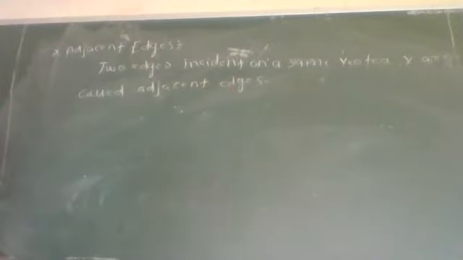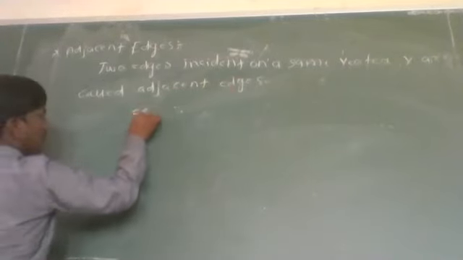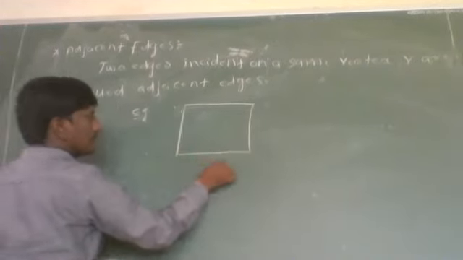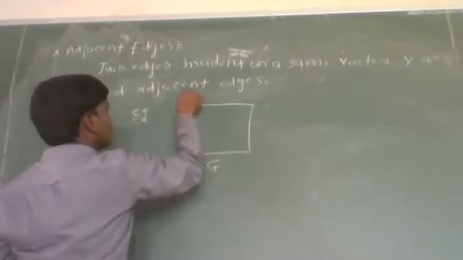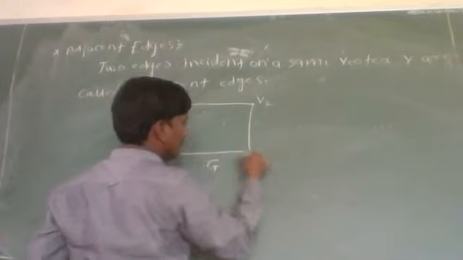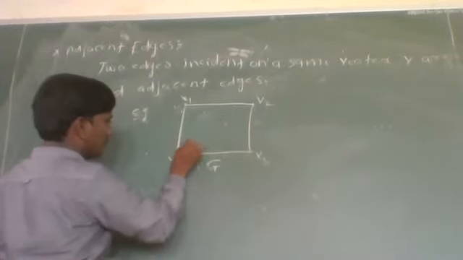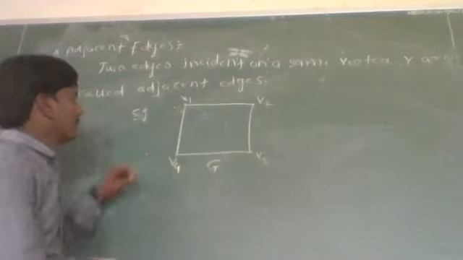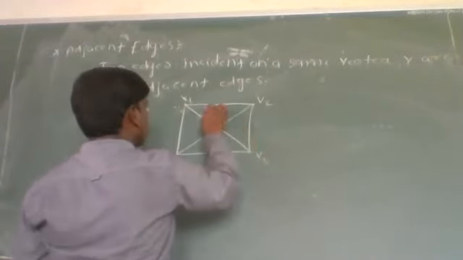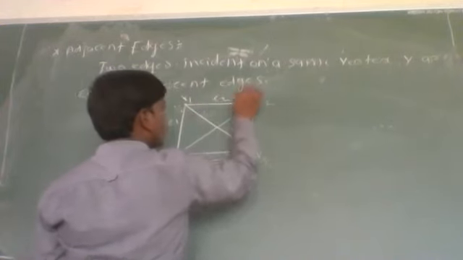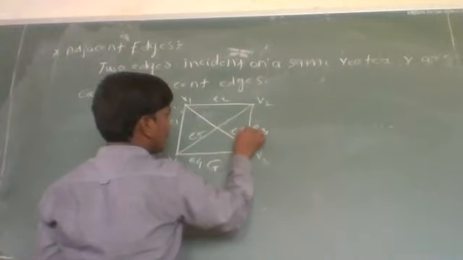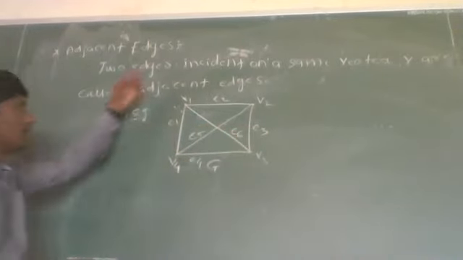For example, take a graph G with vertices 1, 2, 3, 1, 4, 5 and edges up to E6.